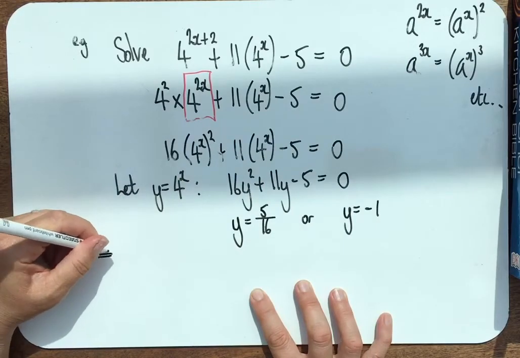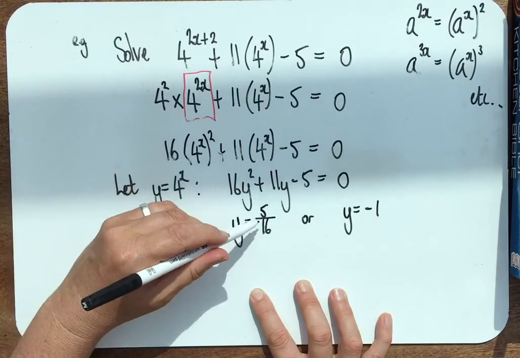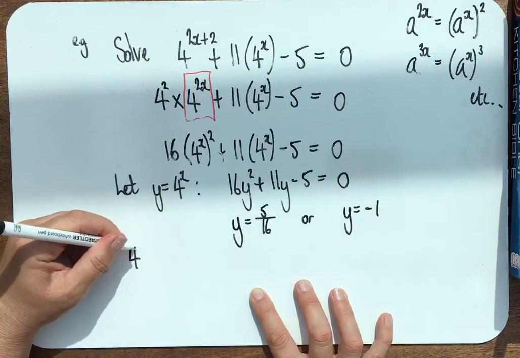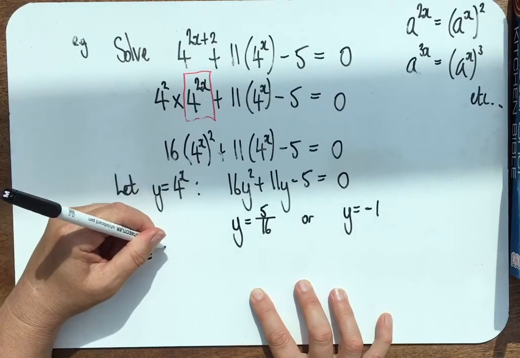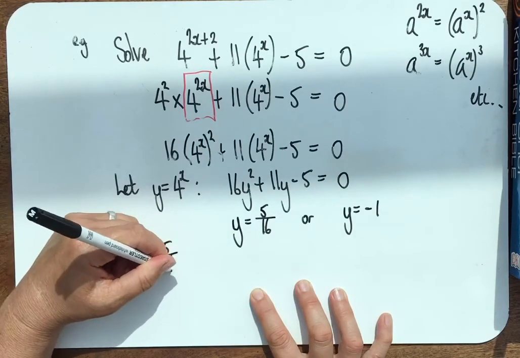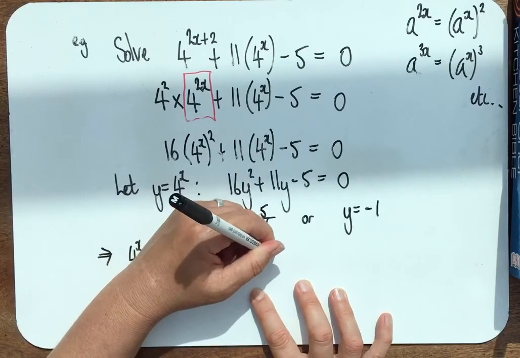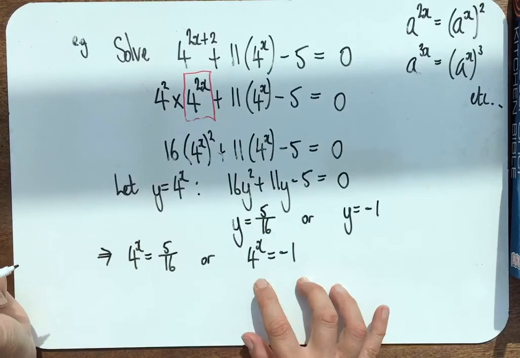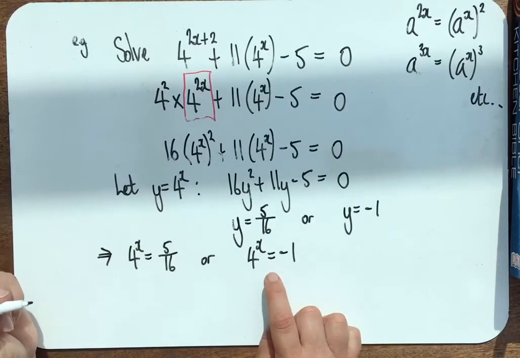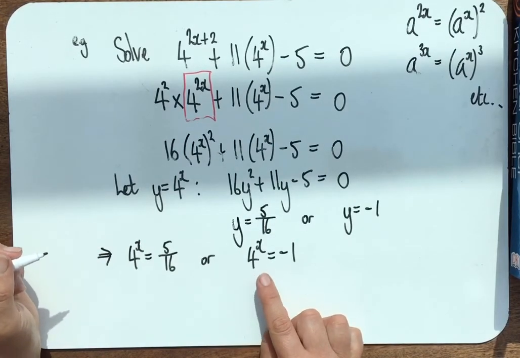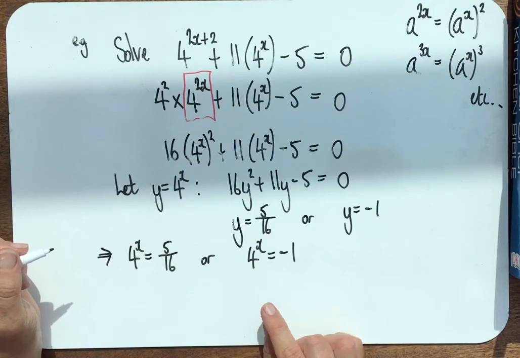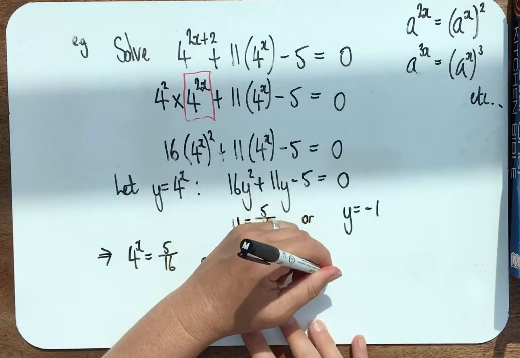And so 4 to the x is 5 over 16, or 4 to the x equals minus 1. This isn't possible, so 4 to the power of x is going to be bigger than 0. So this one here has no solutions.